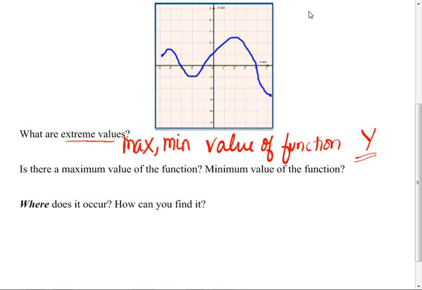Okay, is there a maximum value? By the way, when they say maximum, it's always the absolute. It's always the greatest one. So is there a maximum value of this function? It looks like right here. That is the absolute max. Is there a minimum value? Yeah, -1.